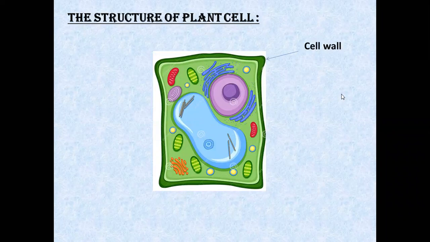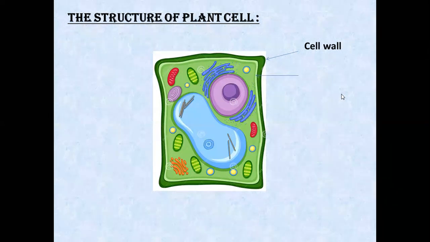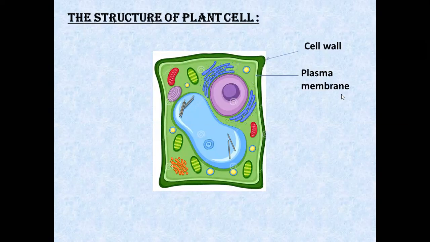The second cover is called the plasma membrane. We know it from before. It is the thin cover that controls the substances that enter or leave the cell, and we said before that it surrounds the cell.